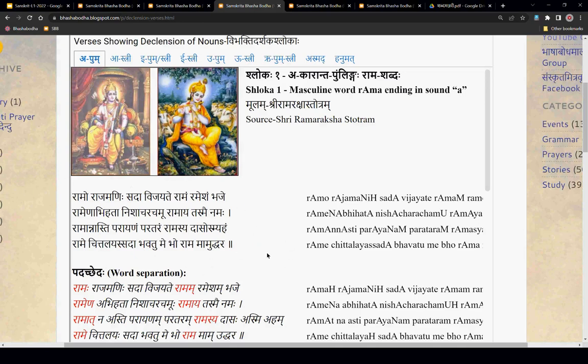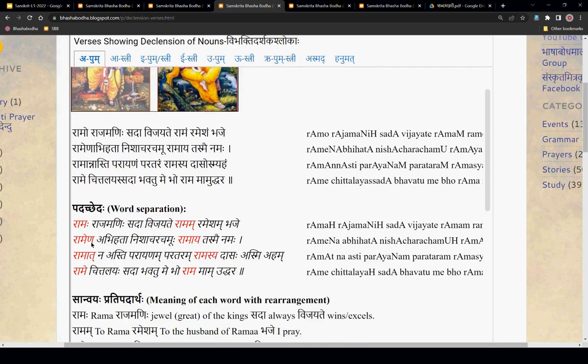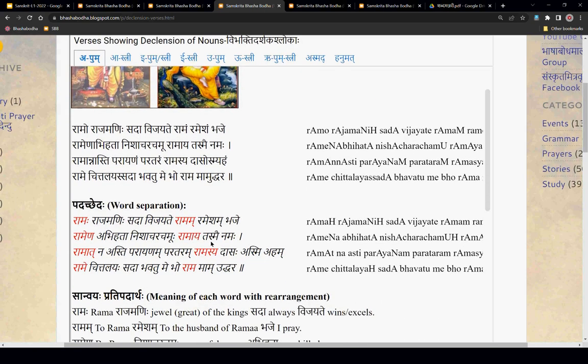By the way, this shloka here, some of you may already know, has all the Ekavachana declension forms of the Rama shabda, which is shown here. Ramaha, Ramam, Ramena, Ramaya. The Prathama Vibhakti, Dvitiya Vibhakti, Tritiya Vibhakti, Ramaya Chaturthi, Ramat Panchami, Ramasya Shashthi, Rame Saptami.